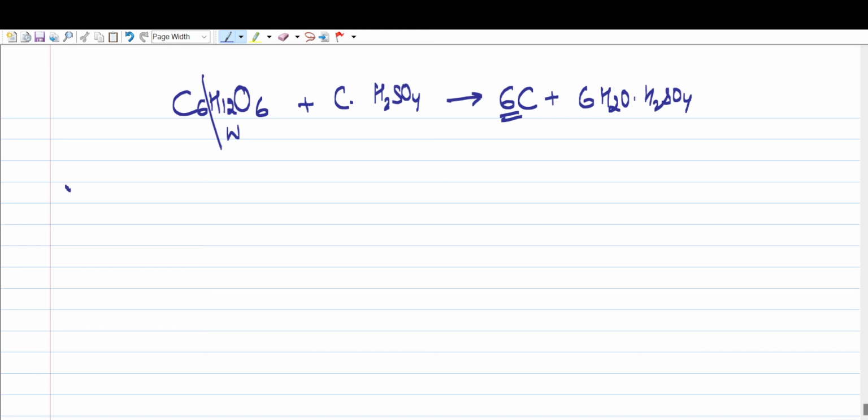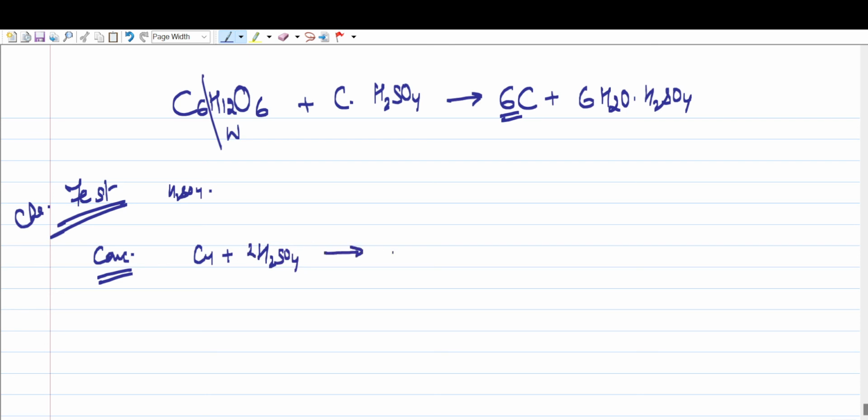Okay, now we talk about the chemical test. How will you know the acid is sulfuric acid? So first, to know that it is sulfuric acid and it is concentrated, what we can do is we can drop copper metal. So we take concentrated sulfuric acid and drop copper.